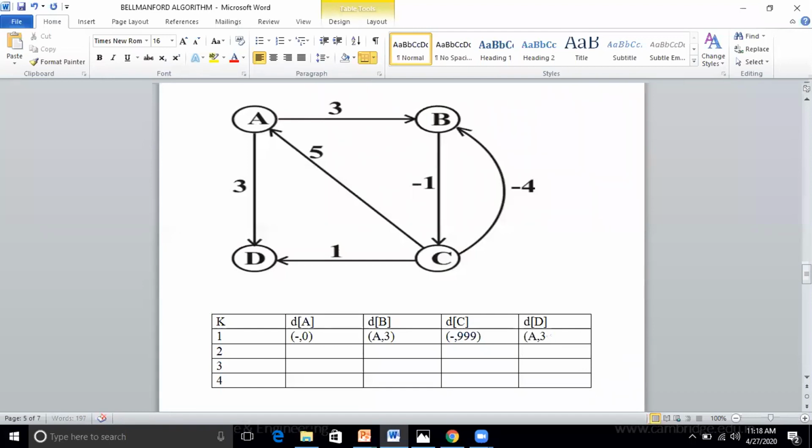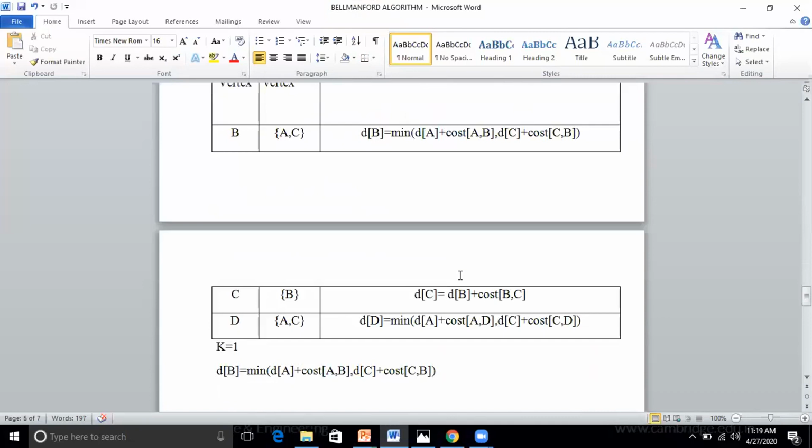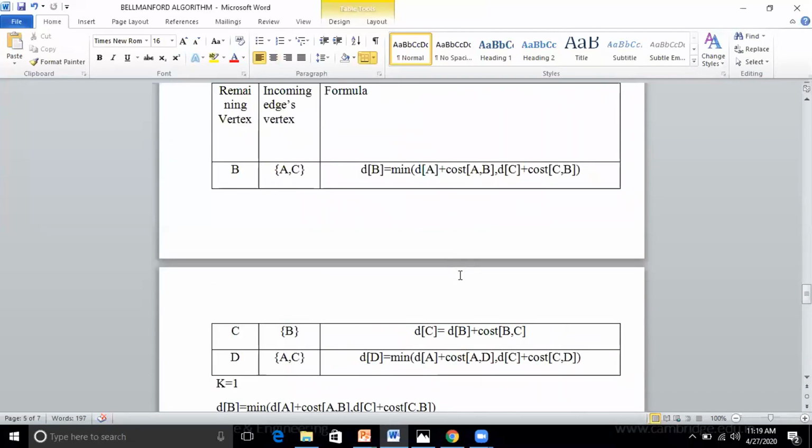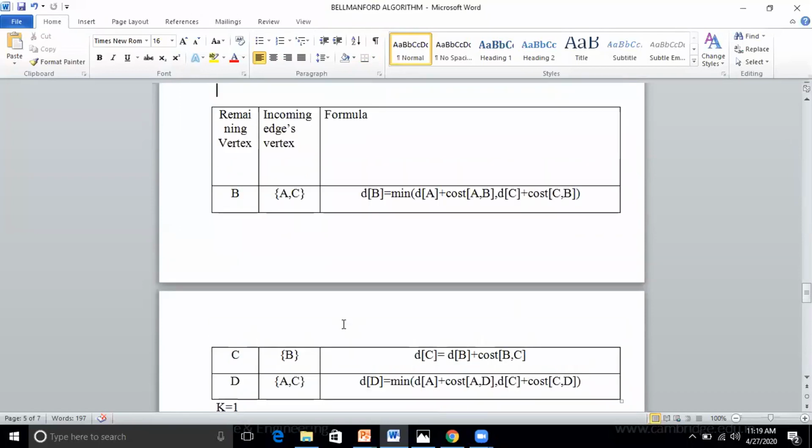Okay? Yes, sir. Now, from the second iteration, we have to find the formula. For B, which are the incoming edge vertex? A and C. Correct? So I wrote this formula. So hope you don't have doubt by writing this formula, isn't it? Yes, sir. What about C?